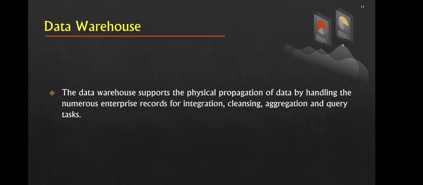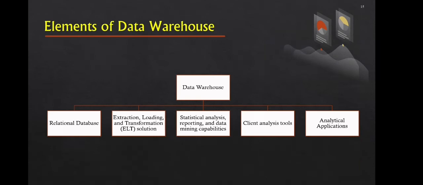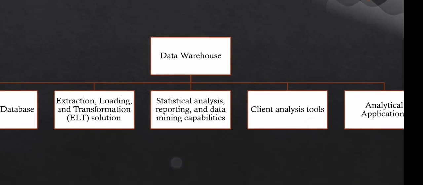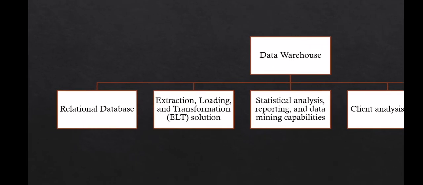Now, a data warehouse has different elements. A typical data warehouse often includes the following elements. First, we have the relational database, which is used to store and manage data. Next is the extraction, loading, and transformation or ELT solution, which is used for preparing the data for analysis.